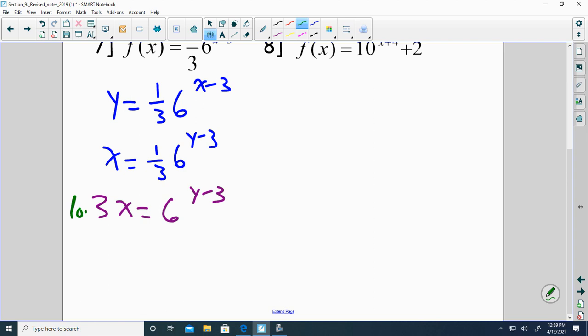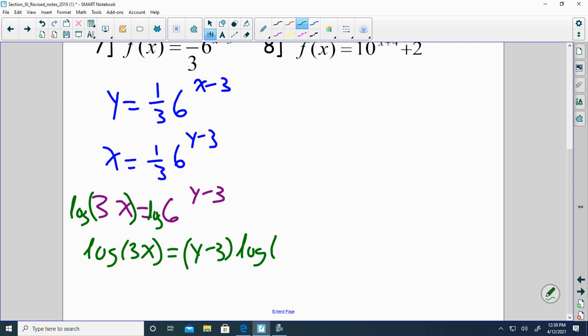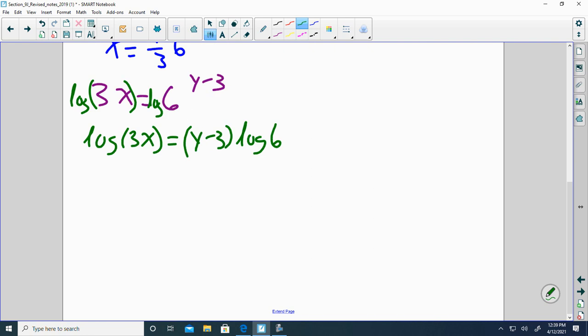So if I do the log of both sides, I get log 3x equals y minus 3 times log 6, because the exponent can come down front. I'm going to divide each side by log 6. Oops, nope, stop, stop.